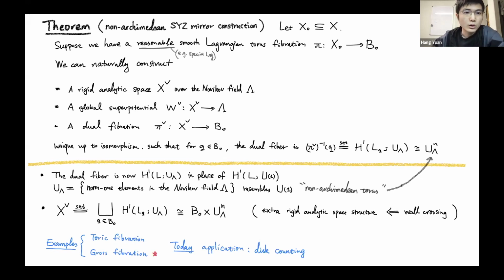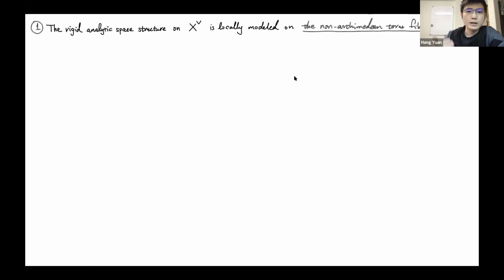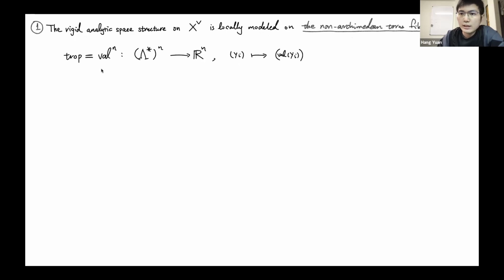Let me first give you some idea of this non-Archimedean SYZ mirror construction. The rigid analytic space structure on X check is locally modeled on the following non-Archimedean torus fibration. This is a map defined in this way. Here, val stands for the natural valuation map on the Novikov field, and this is an analog of the logarithm function.